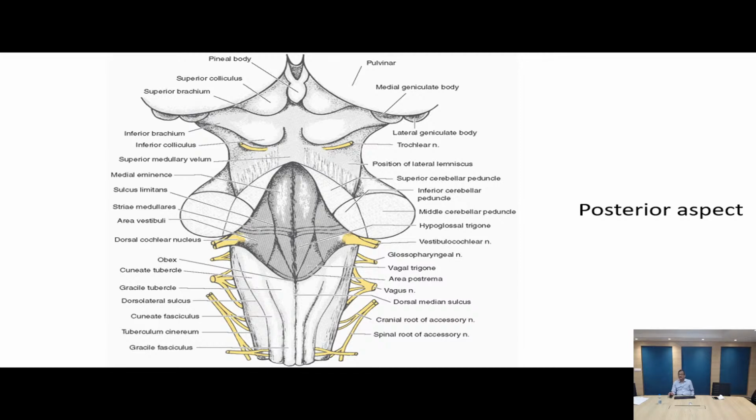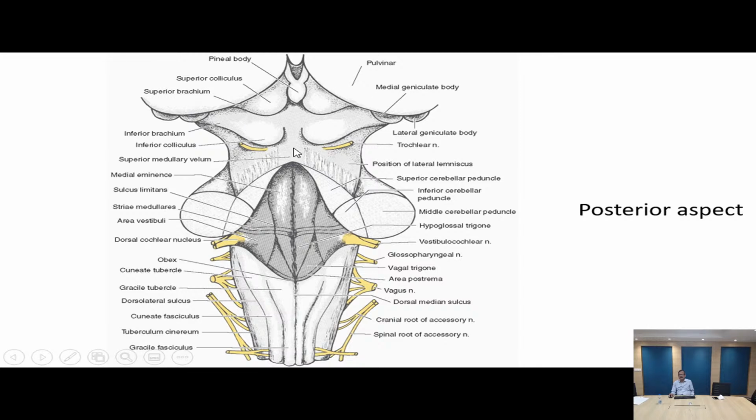So fibers carrying the sound stimulus, the stimuli arising from hearing, are passing through the inferior colliculus. So these are the functions of the superior and the inferior colliculus.